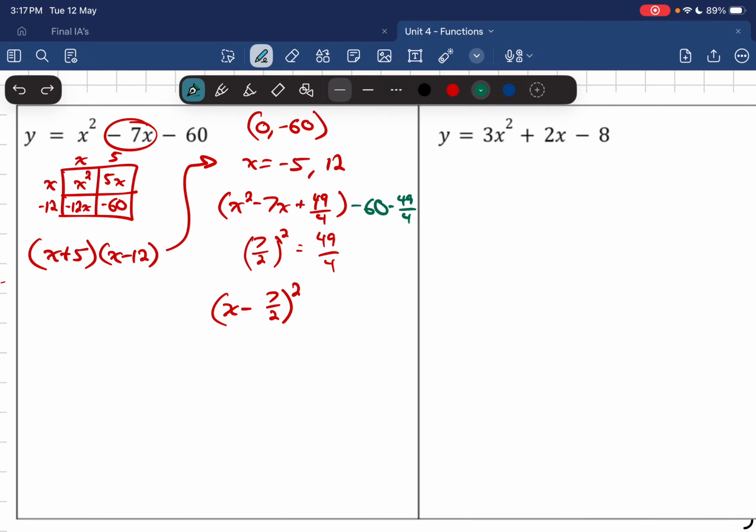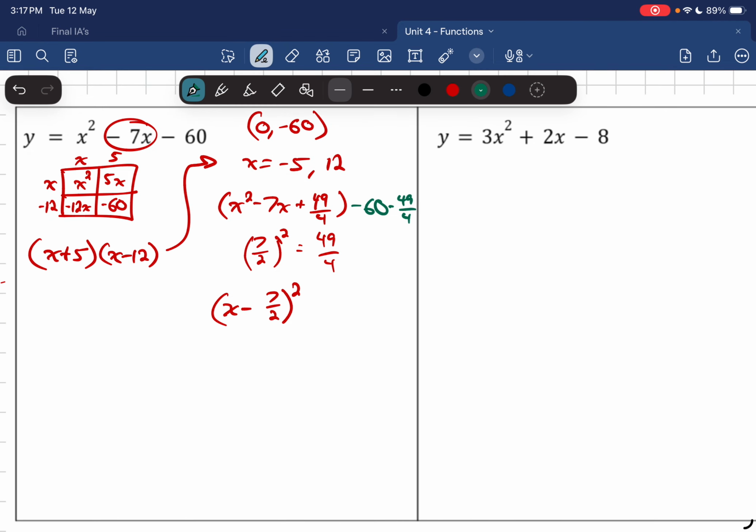Whatever my final factored form of this completed square is going to be, it's that 7 divided by 2, or whatever b is divided by 2. And it was minus 7x, so it becomes minus 7 over 2. And then I have minus 60 minus 49 over 4.